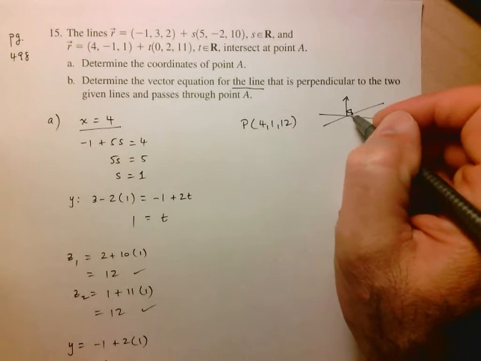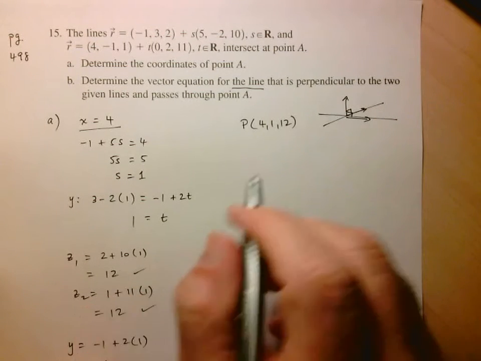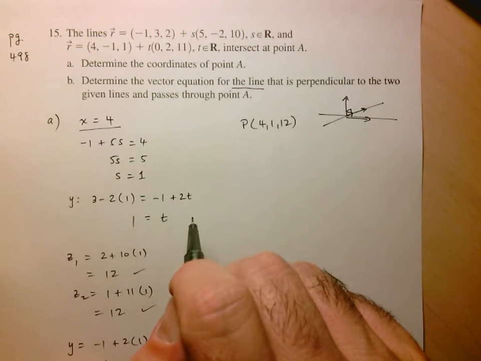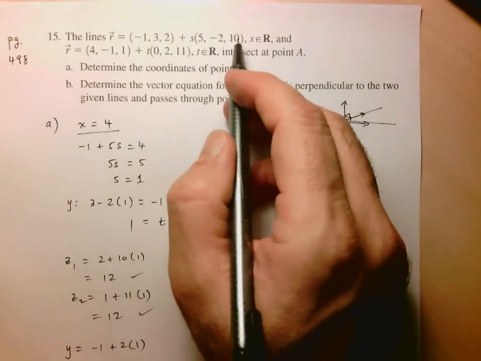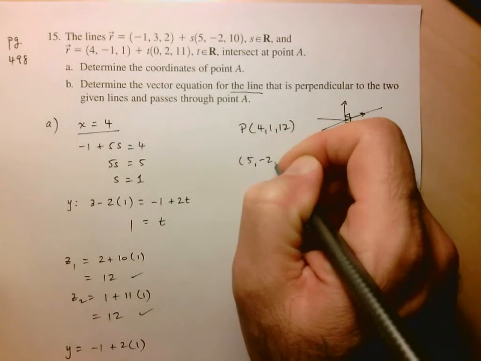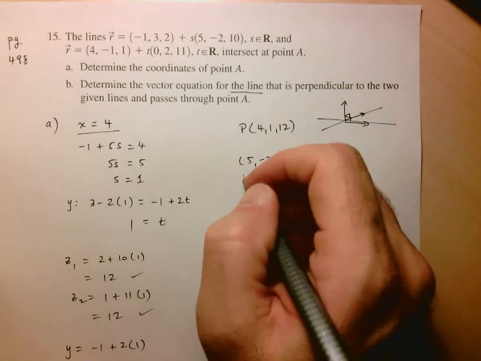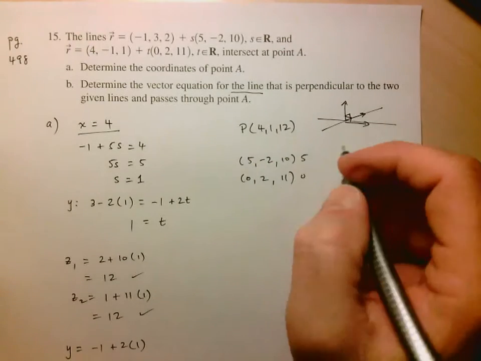Of course, what I can do is take the direction vectors of both of those lines and take the cross product to get that vector that's perpendicular to both. That's how we're going to proceed. Let's start with the first vector: we've got 5, -2, 10. And the second: we've got 0, 2, 11.